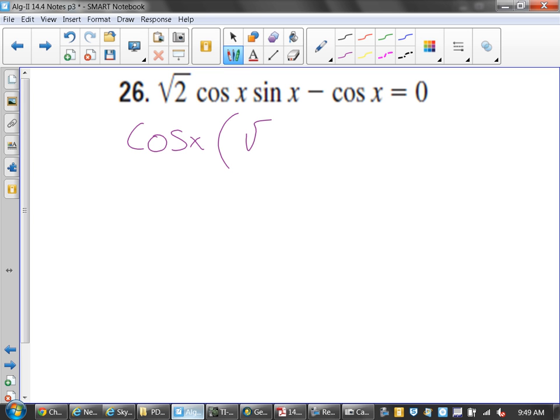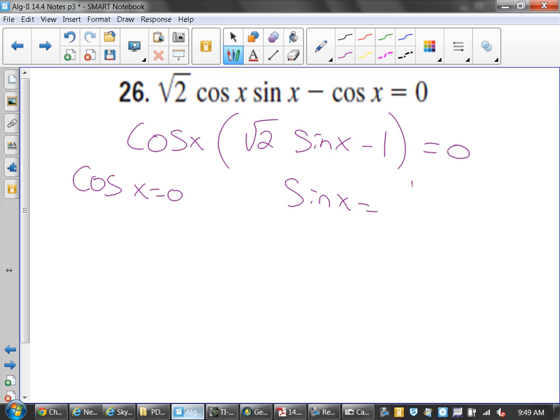We get cosine of x times (root 2 times sine of x minus 1) equals 0. My two individual terms then become cosine of x equals 0 and sine of x equals 1 over root 2. I add 1 and divide by the square root of 2 just to move it right off the bat.